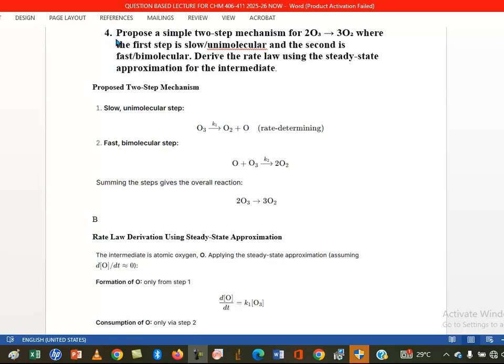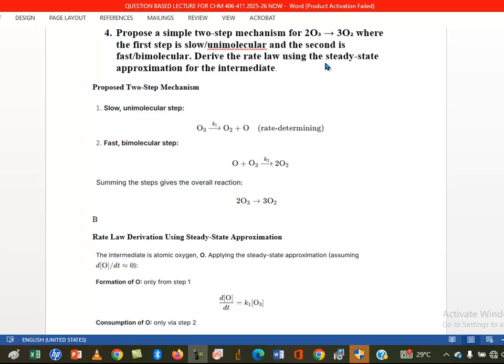Okay, now question 4 reads thus: propose a simple two-step mechanism for 2 moles of ozone giving you 3 moles of oxygen gas, where the first step is slow and unimolecular and the second step is fast and bimolecular.